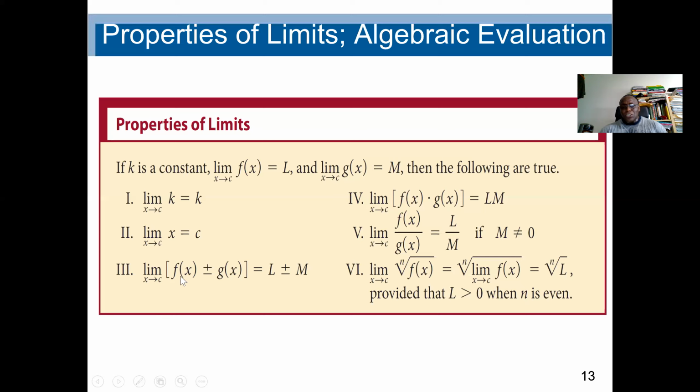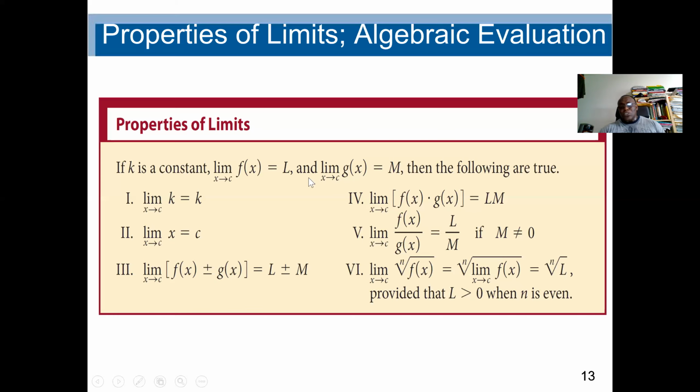So let's say we have a function f at x and also g at x, and we can either add them or subtract them. So f at x plus g at x, or f at x minus g at x. If the limit of f at x is L and of g at x is m, then it will be L plus m or L minus m.